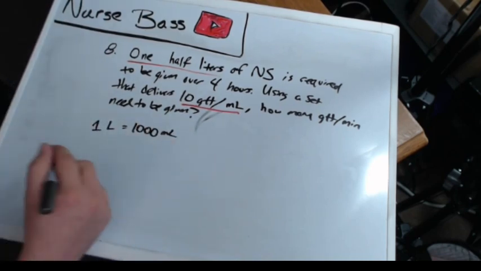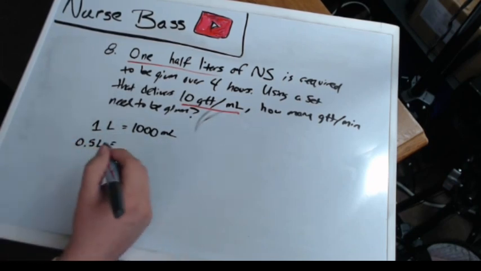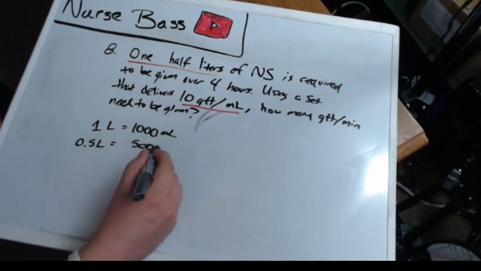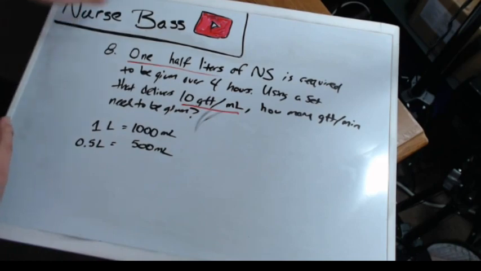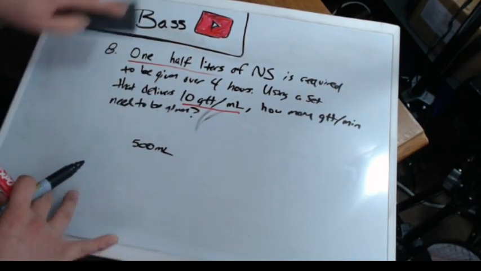What we have is 1/2 liter. So what we actually have is 500 milliliters. I hope that made sense. 1/2 liter of normal saline, or in other words, 500 milliliters of normal saline.